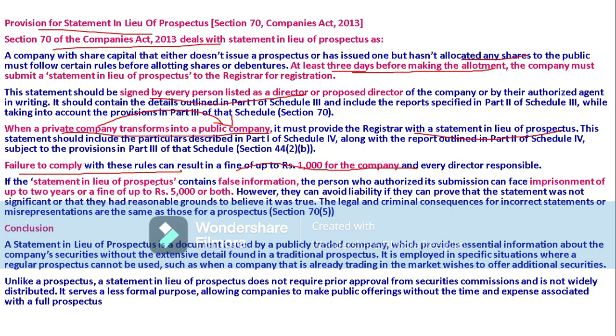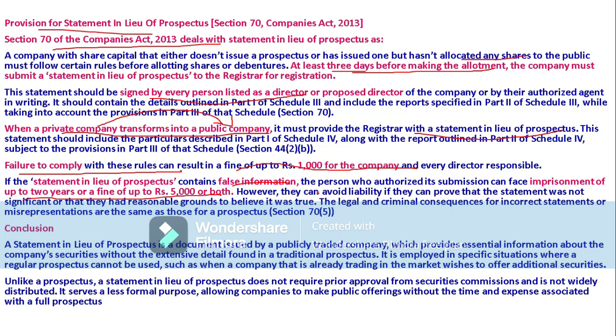If the statement in lieu of prospectus contains false information, the person who authorized its submission can face imprisonment up to 2 years or a fine up to 5,000, or both. False information means that while submitting the statement in lieu of prospectus, they have not revealed the full information, or there is a misstatement.